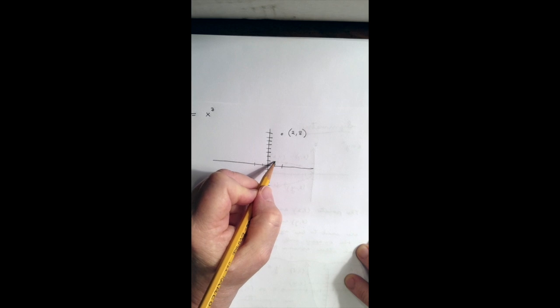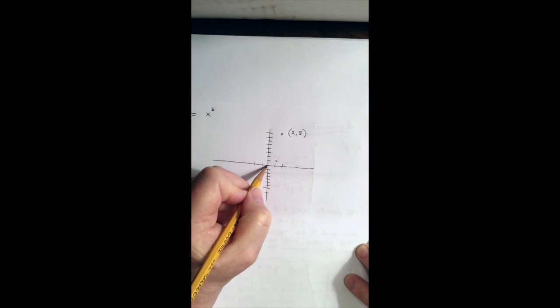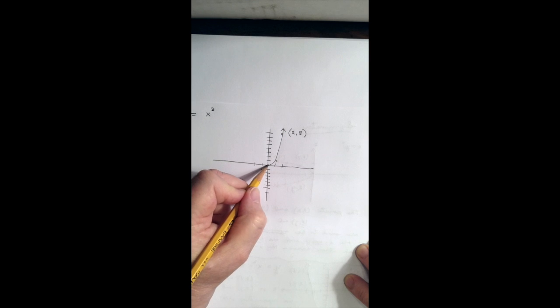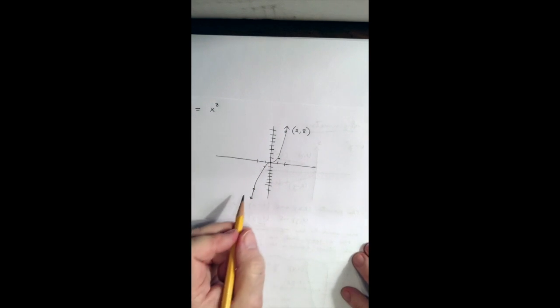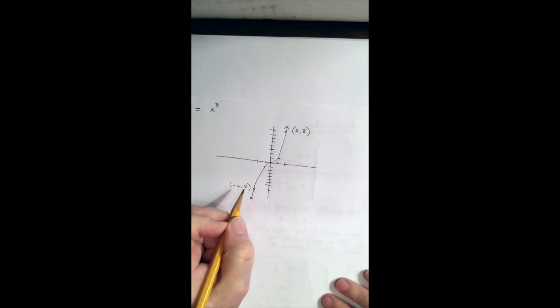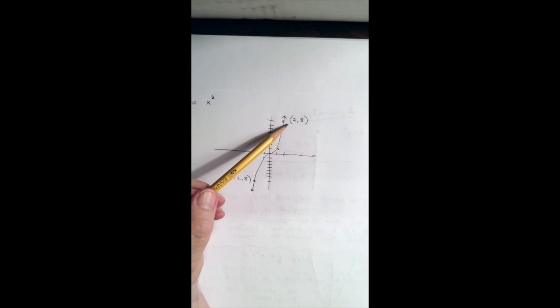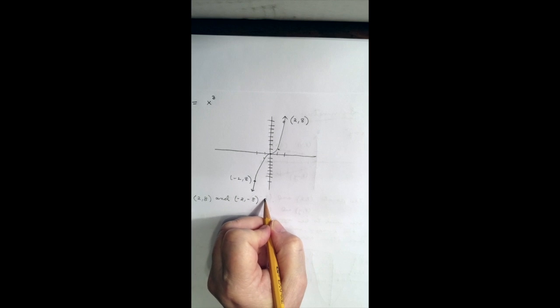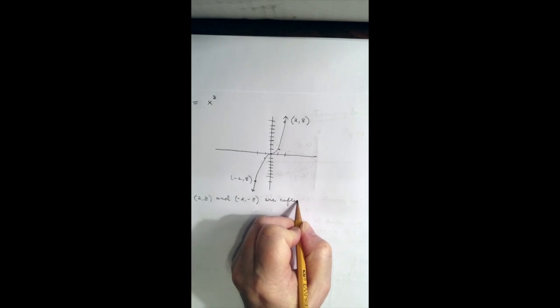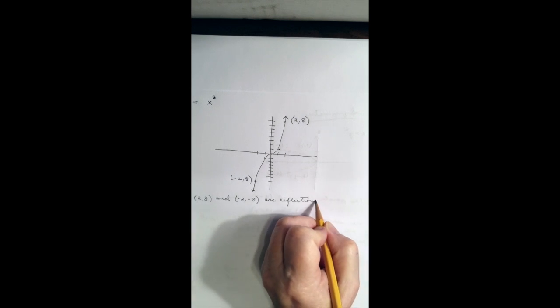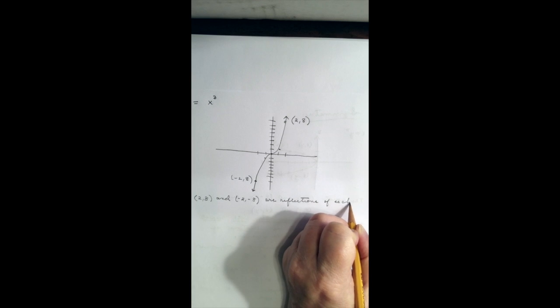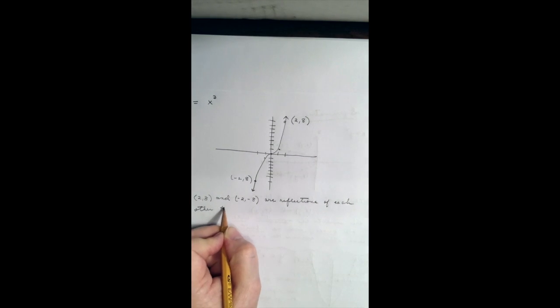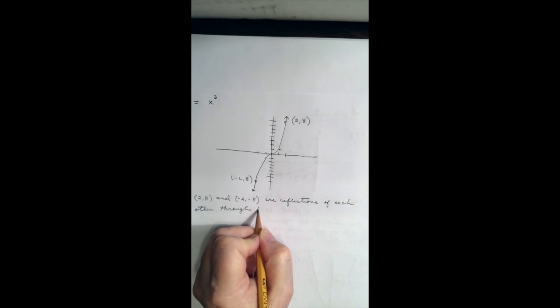And if we draw a few more points on here, we see that the point (2, 8) and the point (-2, -8) are reflections of each other through the origin.